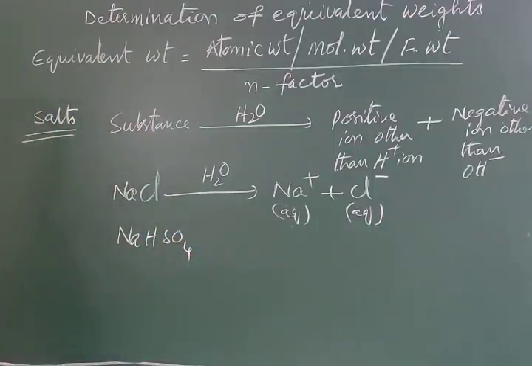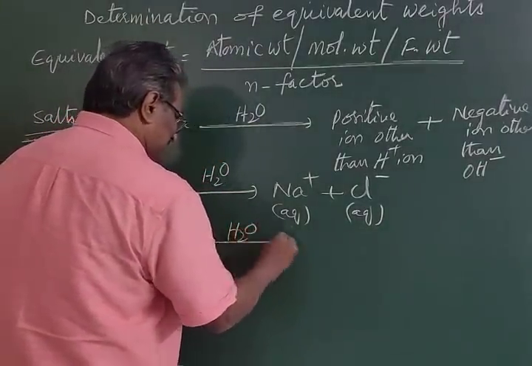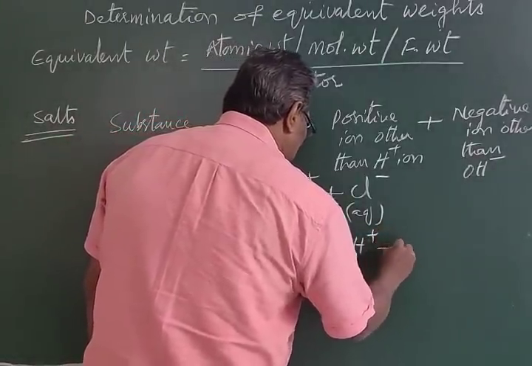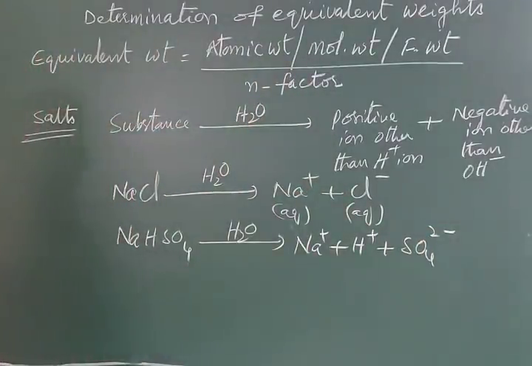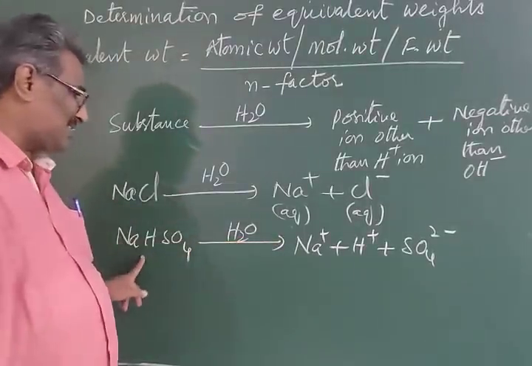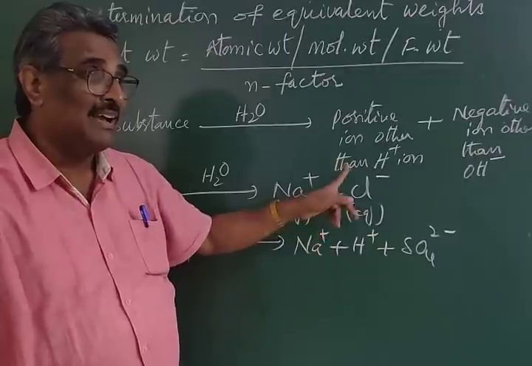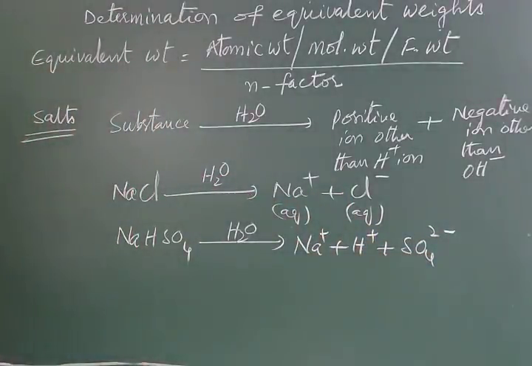NaHSO4, sodium bisulfate or sodium hydrogen sulfate, when dissolved in water gives Na plus ion, H plus ion and SO4 2 minus ion. The definition is applicable for this also. This is also giving a positive ion other than H plus ion along with H plus ion, and a negative ion other than OH minus ion.